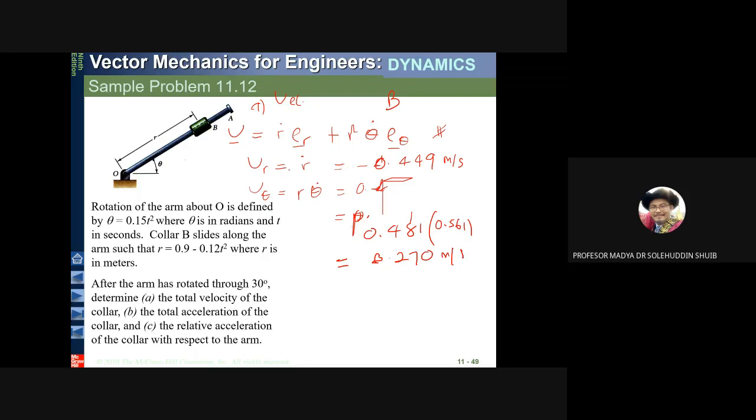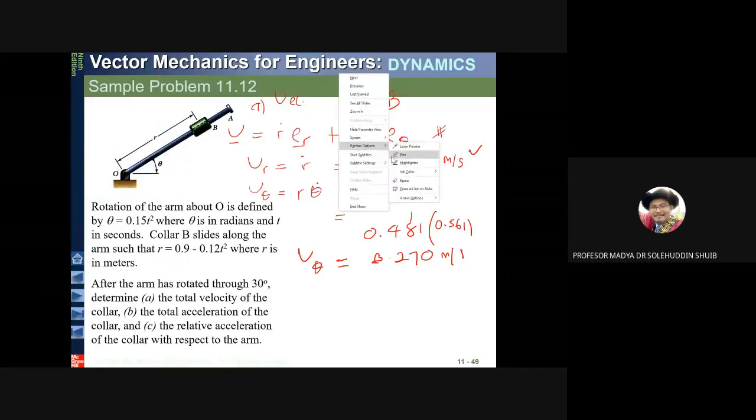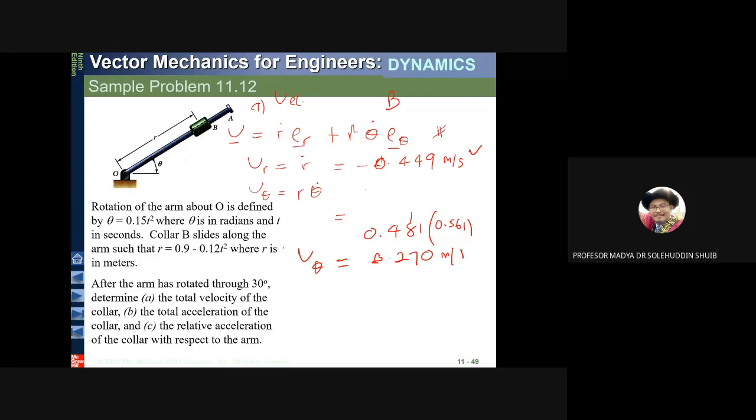This is the velocity of VR, and the velocity of V theta. So we have VR, which is this one, and then V theta. Do a correction again here.